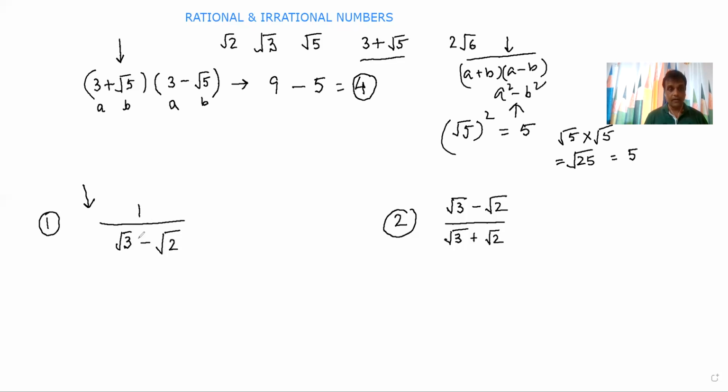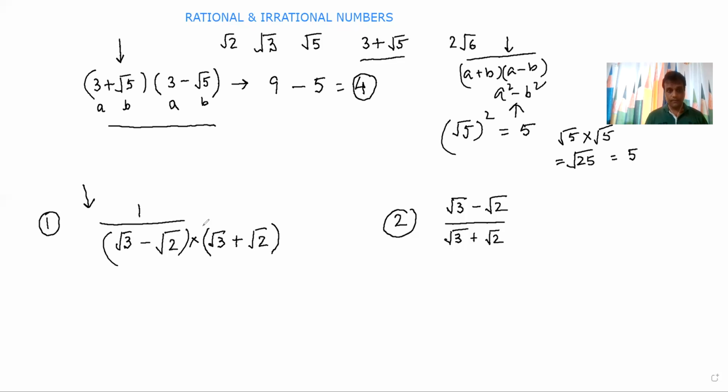Now, the questions in the exam come in this form. They say rationalize the denominator, which means we have to do the same. Multiply it with the rationalizing factor, and we just studied that for the rationalizing factor we change the sign here and keep the number the same. So root 3 plus root 2 is the rationalizing factor.